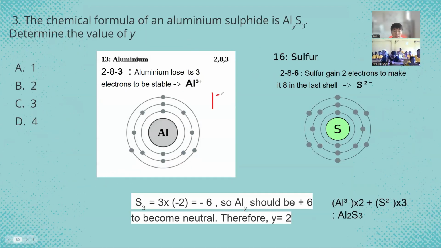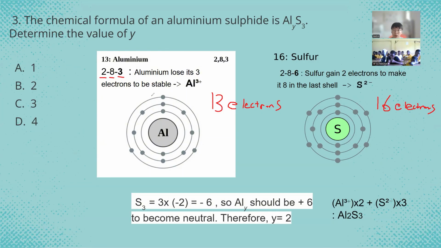Aluminum has 13 electrons. Sulfur had 16. If we put it in order of 2, 8, we can fill out 2 and 8. How many electrons are remaining? It's 3, right? So aluminum has 2, 8, 3 structure.